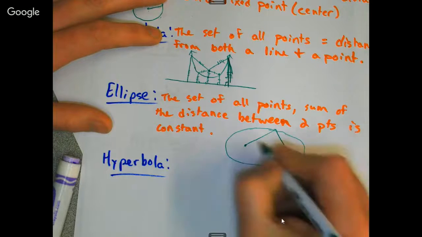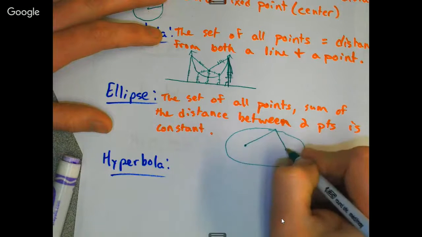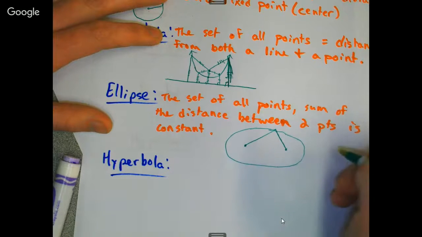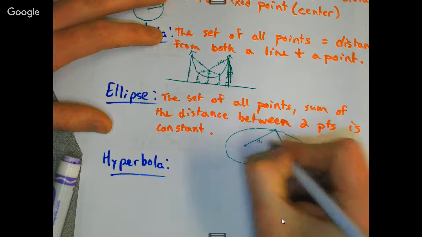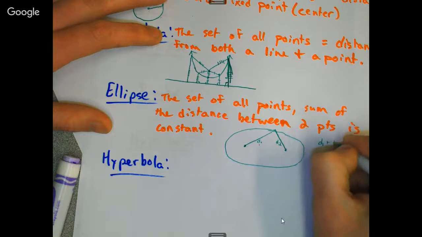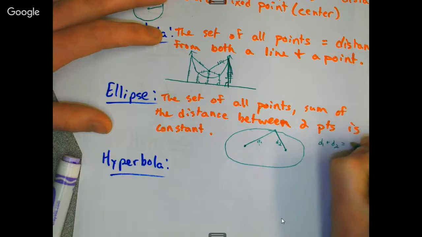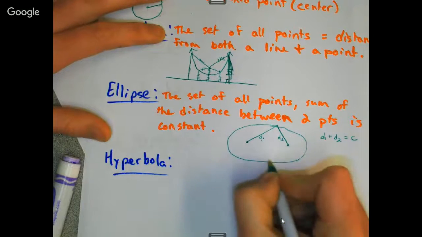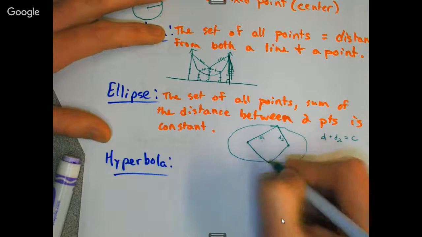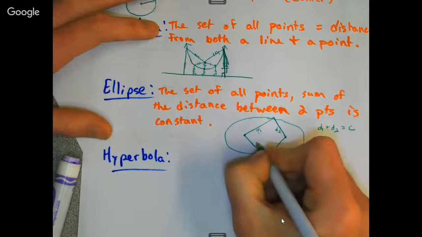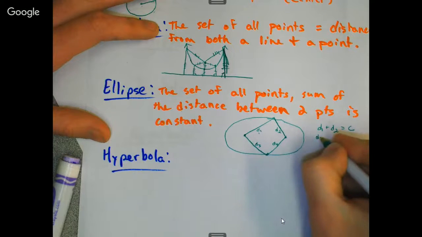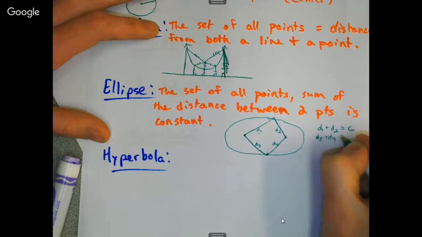If I take this distance and this distance, I will get a constant number, whatever number that is. So it's d1 and d2. If I take d1 plus d2, I get some constant. Then if I swing this string down here and take those two measurements, let's say this is d3 and d4, I will add those two together and I will get the same number.